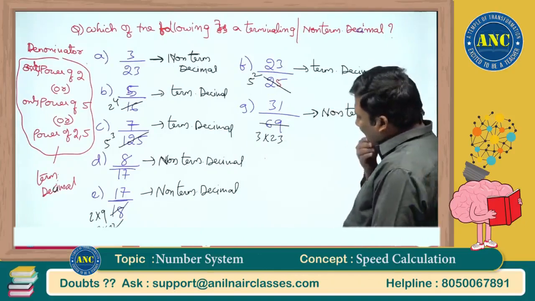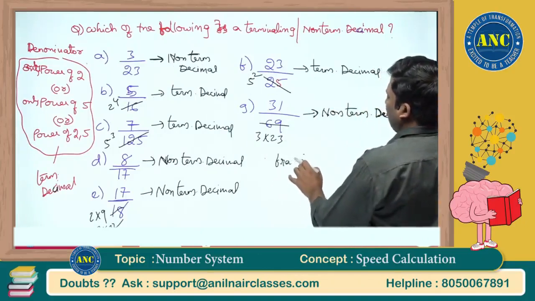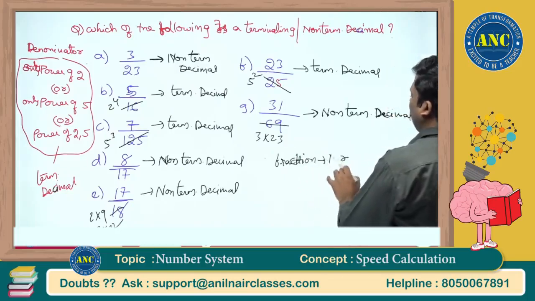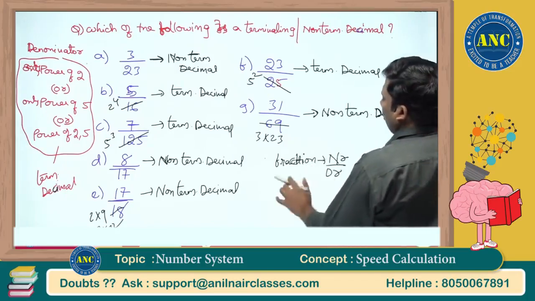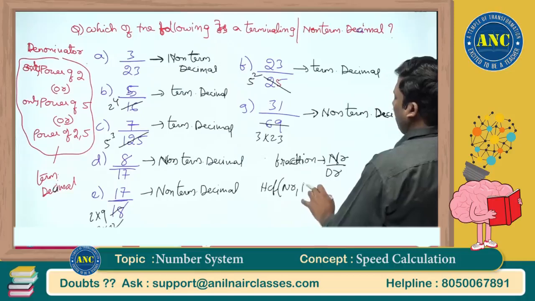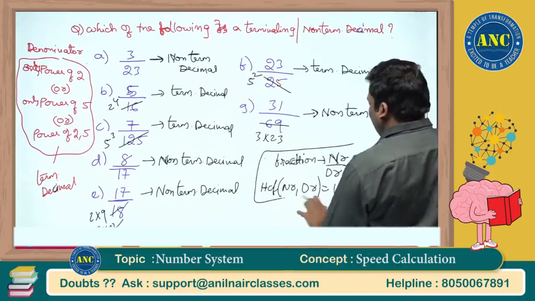Now remember, if the fraction is of the form numerator by denominator, this holds good when the numerator and denominator are co-prime to each other. HCF of numerator and denominator should be 1.